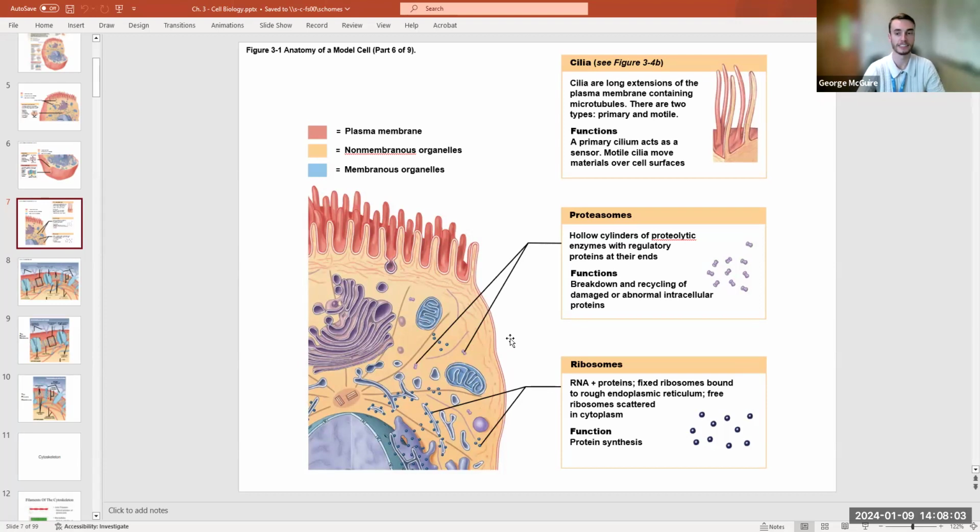And these are the sites of translation, essentially, where our genetic information is going to be turned into an actual protein. So ribosomes are super, super critical for actually carrying out the functions that are coded for in our genes, in our DNA. That DNA needs to be transcribed and then translated at the ribosome in order for it to make an actual protein.